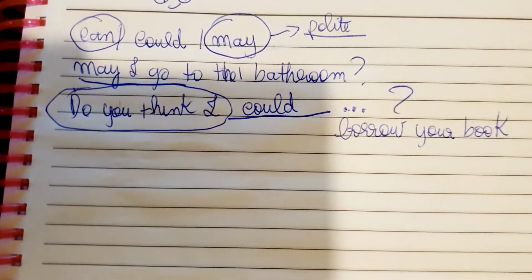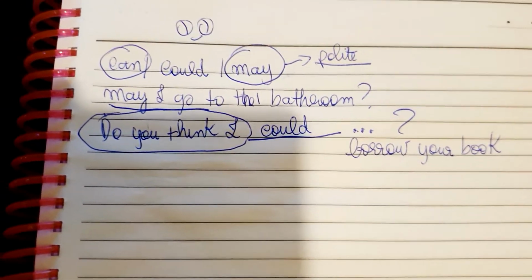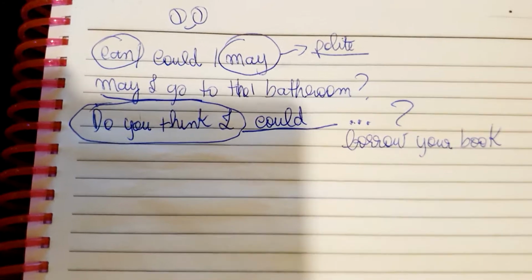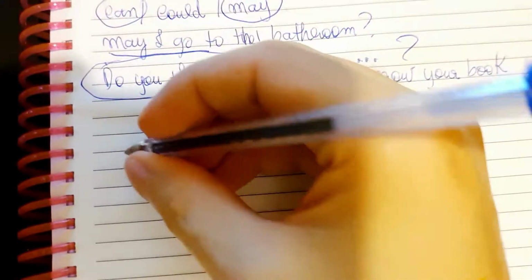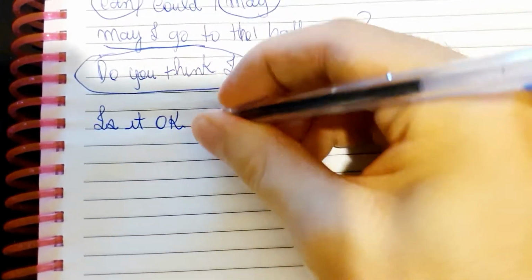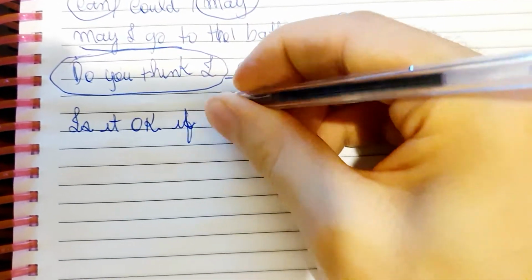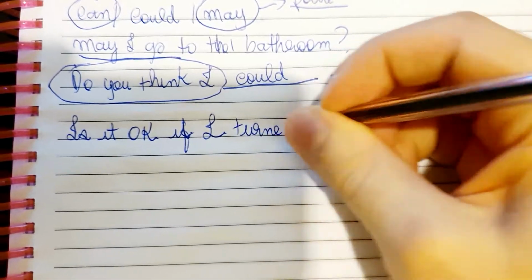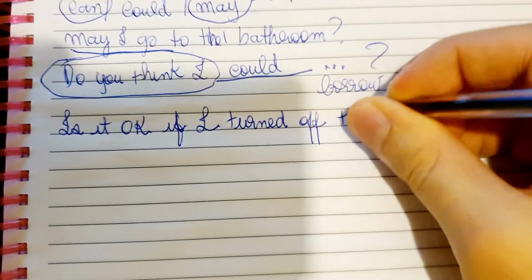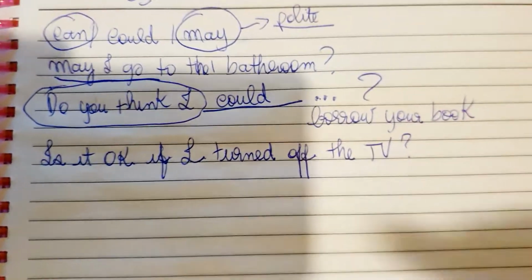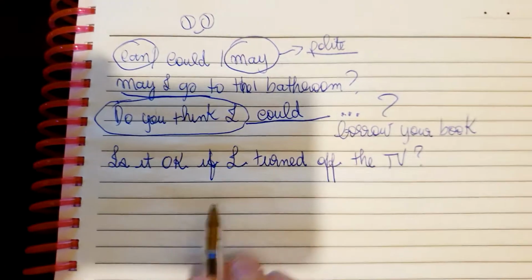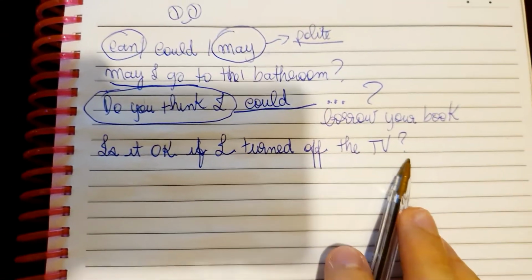And there are other expressions, actually, when you want to ask if you can do something. For example, is it okay? Is it okay if I turned off the TV? For instance, you are studying, right?